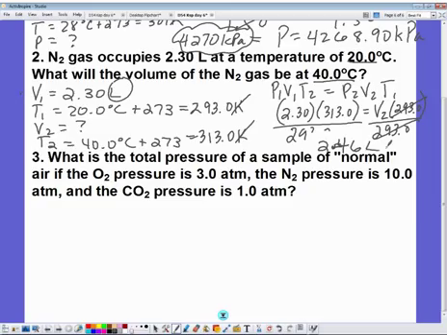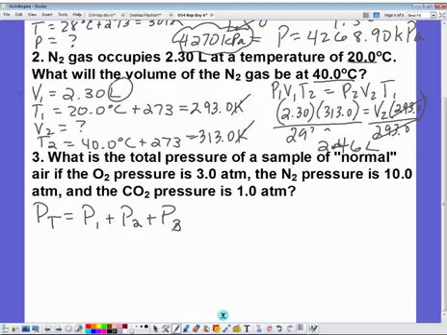All right, this question says, what is the total pressure of a sample of normal air if the oxygen in that normal air mixture has a pressure of 3, the nitrogen has a pressure of 10, and the CO2 has a pressure of 1. So here, I've got to come up with the understanding that 3 gases mixed up together are going to each exert their own pressure, and when I add those pressures up together, I get a total pressure.